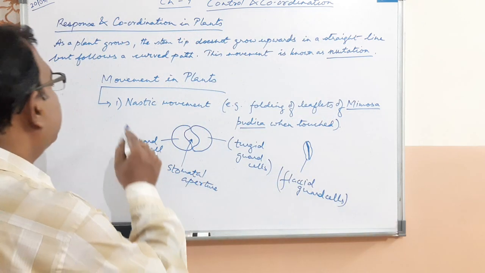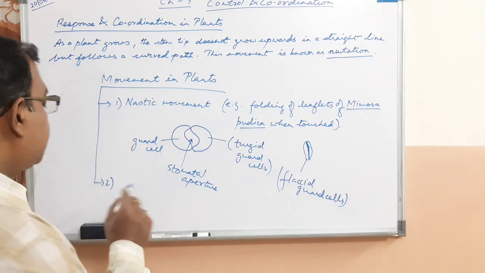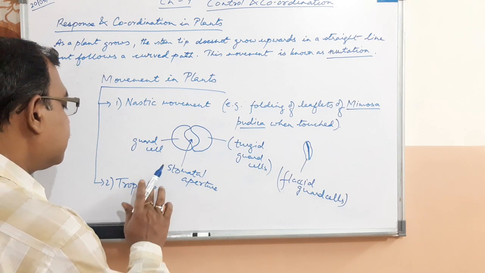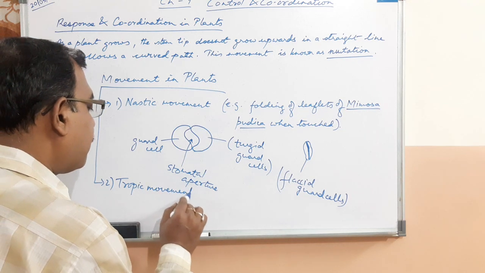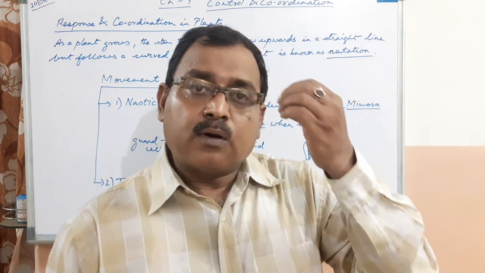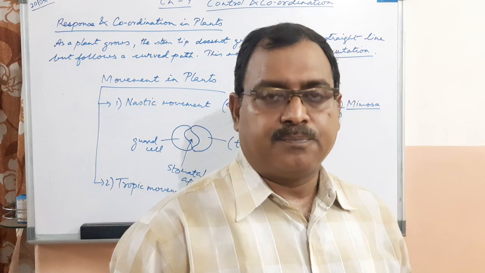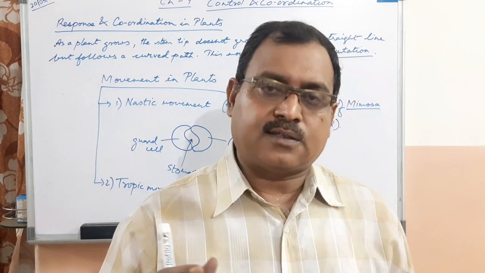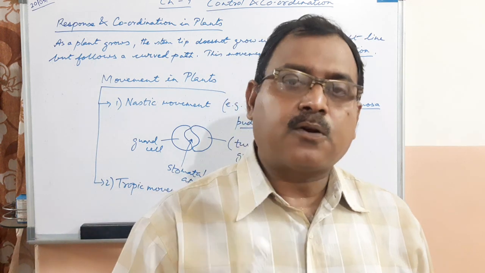Next is, after number 1, number 2, tropic movement. Now, the type of movement shown by an organism in which the direction of the stimulus matters is called a tropic movement.